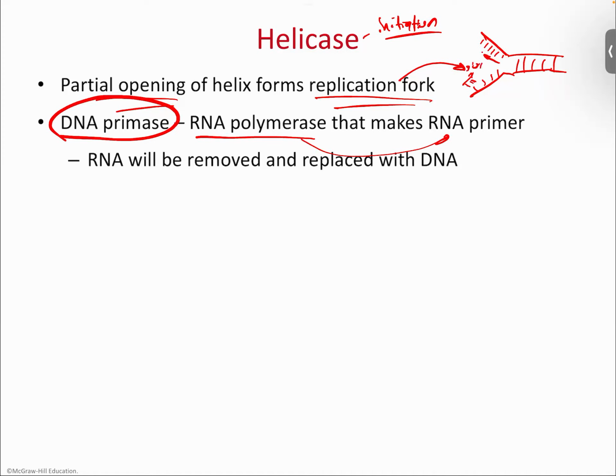And it provides those 3' OHs. So now your DNA polymerase can land right here and start moving in. It can land right here and start moving out. So your primase is the sixth enzyme that we've been introduced to now, whose job it is to lay down these RNA primers.